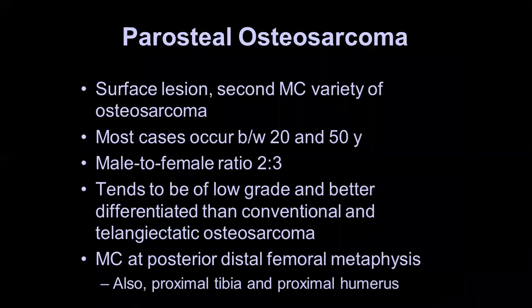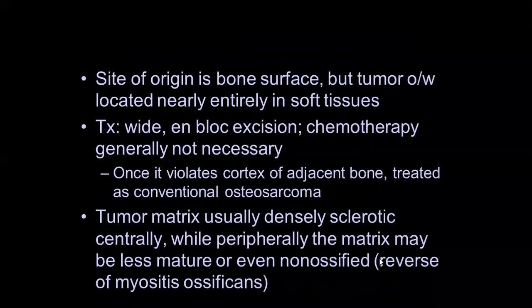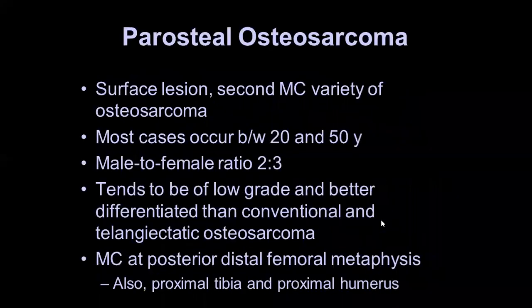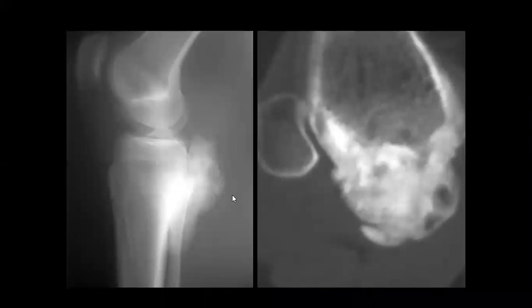So for Parosteal Osteosarcoma, our differential diagnosis will be Myositis Ossificans, but take care that it is the reverse of it. The ossification starts in reverse. Which one is more central? The sclerosis is more central in which one? And which one is more peripheral?